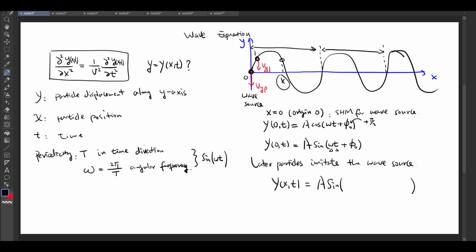So every this length here, the wave is going to repeat itself in the exact same way. That's why we call this periodicity lambda. We call it the wavelength. So let me define this.